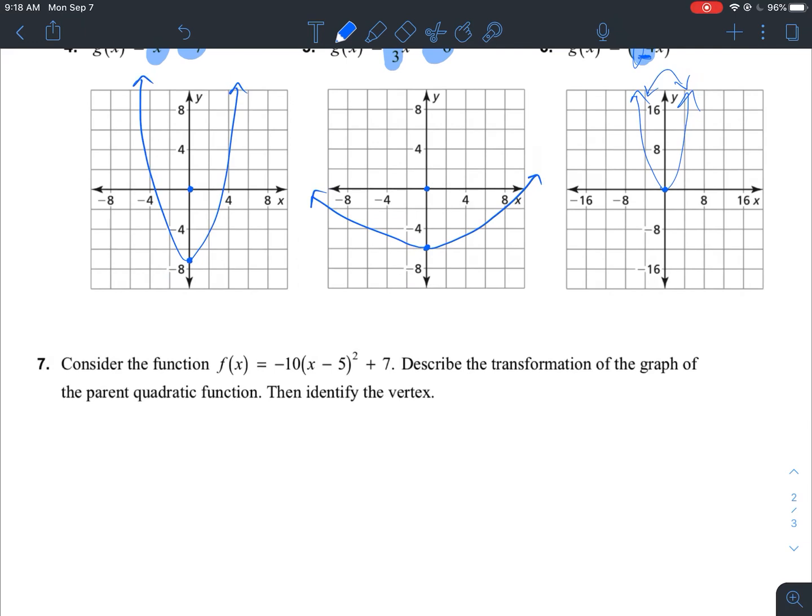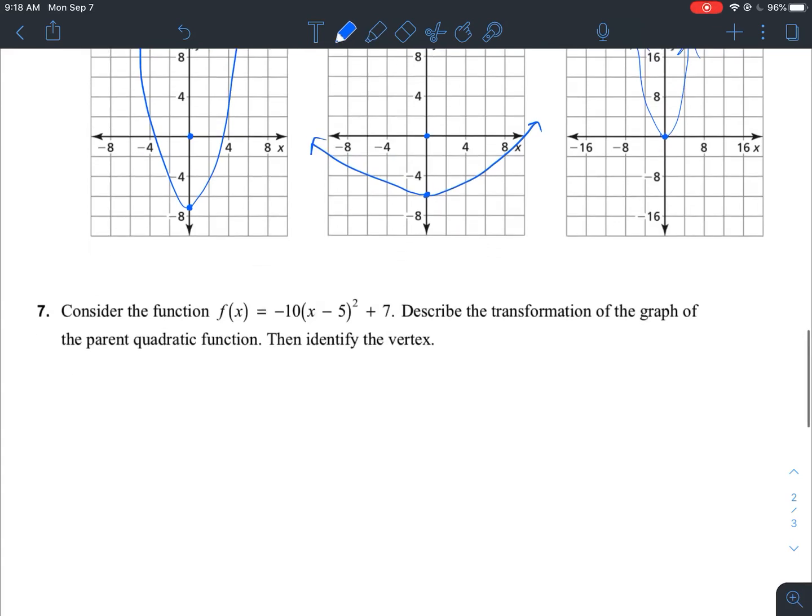So it says, consider the function f of x equals -10 times (x minus 5) squared plus 7. Describe the transformation of the graph of the parent quadratic function. Okay, so the parent quadratic function is f of x equals x squared. So let's make a list of what we see. We have a -5 inside of our parentheses.